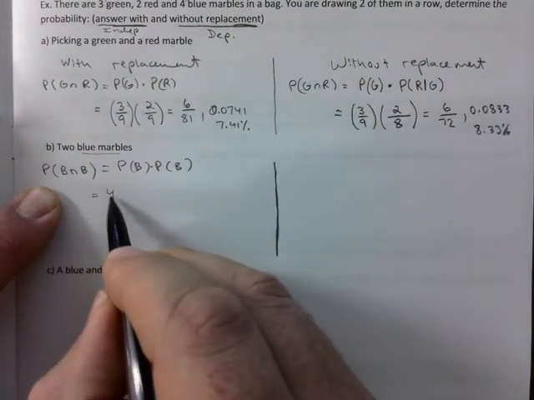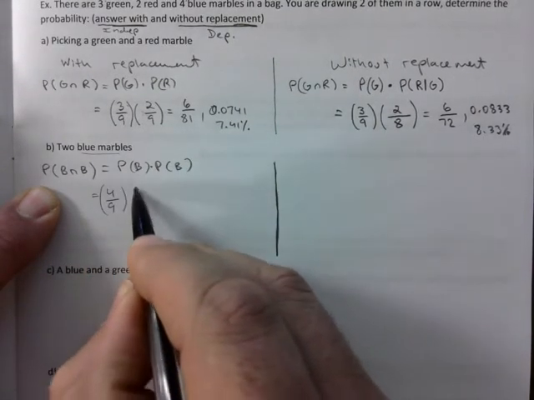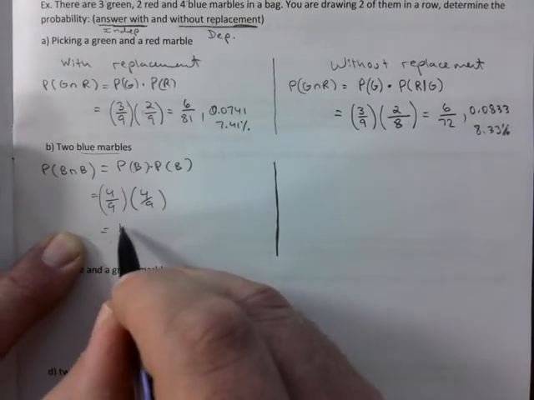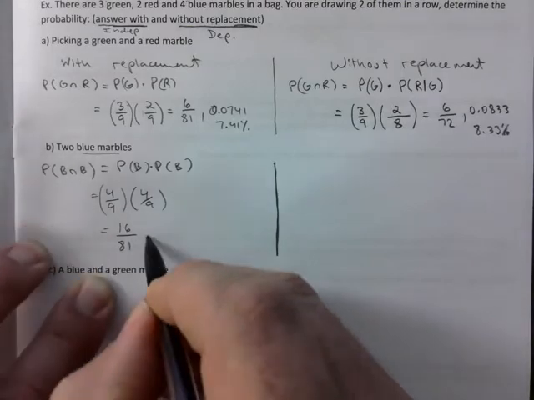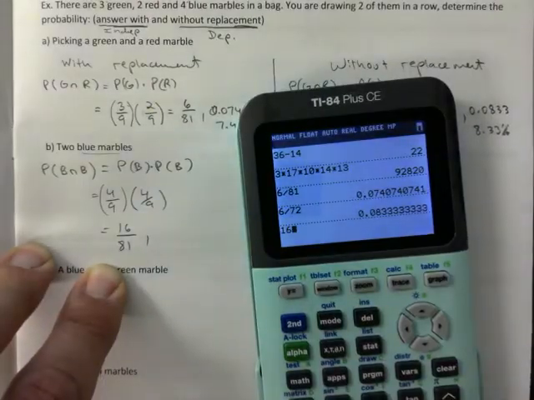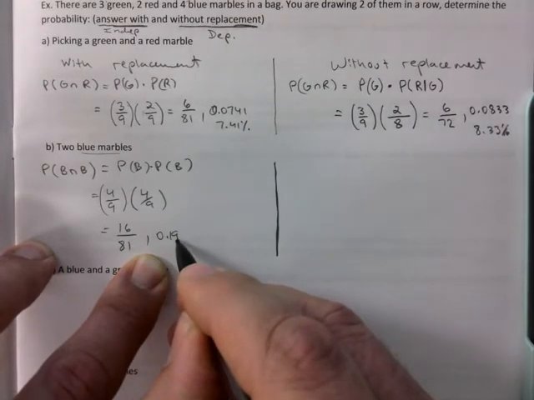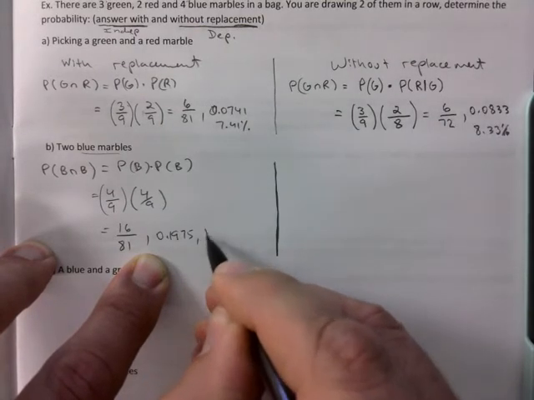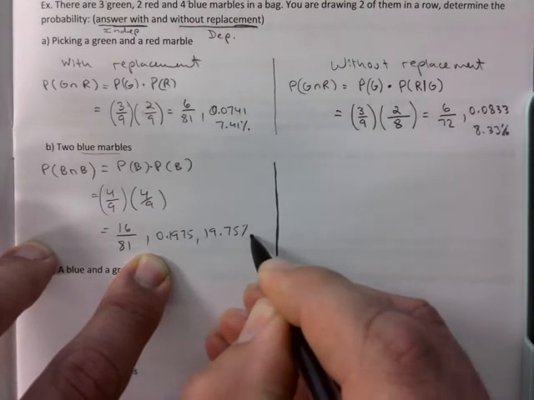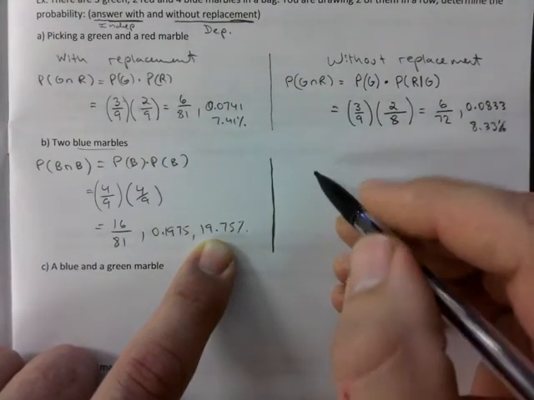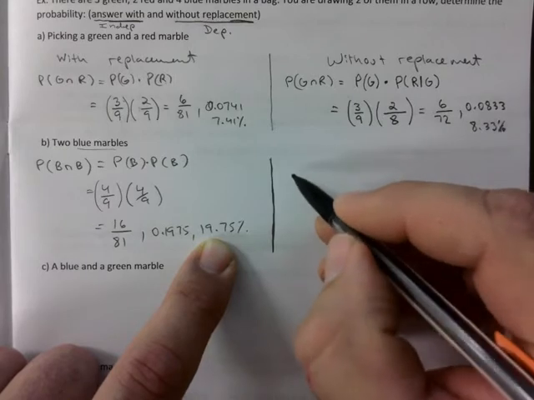We've got 4 out of 9 blues and 4 out of 9 blues again. That is 16 over 81. That is 0.1975, 19.75%.